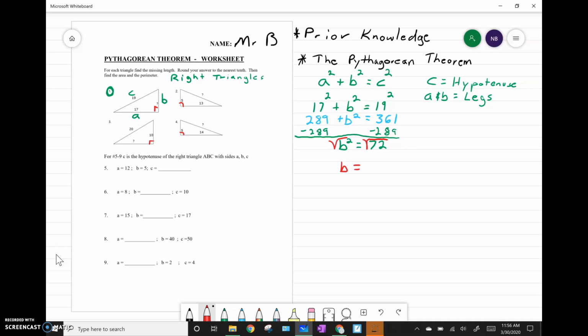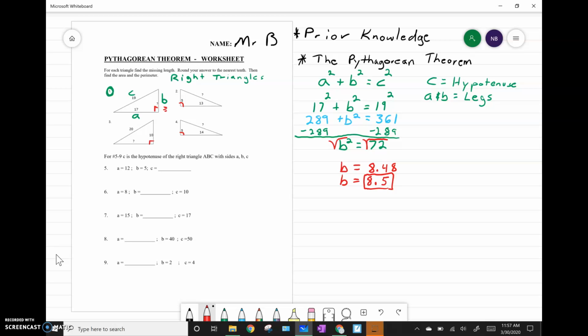The instructions are to round to the nearest tenth, so 8.48 rounds up to 8.5 for B. So we found what B is right here.